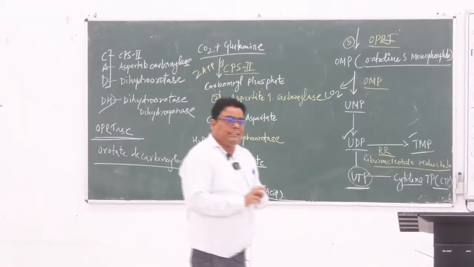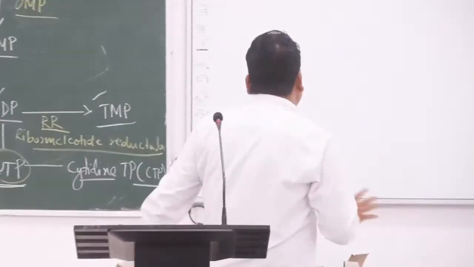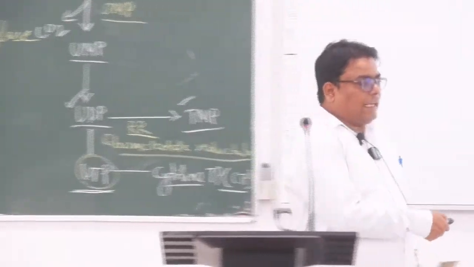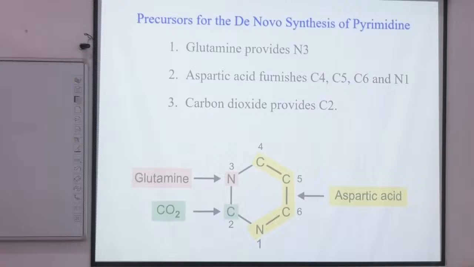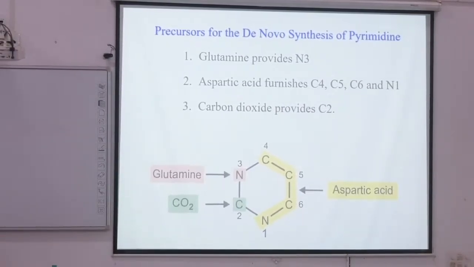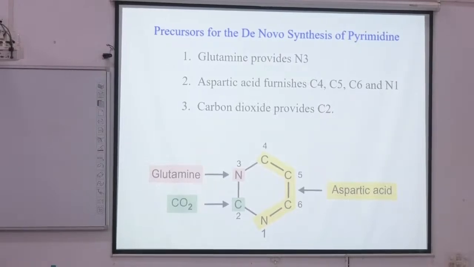The first one is synthesis, after that catabolism. Here the synthesis part is over, and for clarity we go over the cycle in the slide also. You understand what I summarize from this slide, that it shows the sources of different nitrogen and carbon atoms in this cycle.